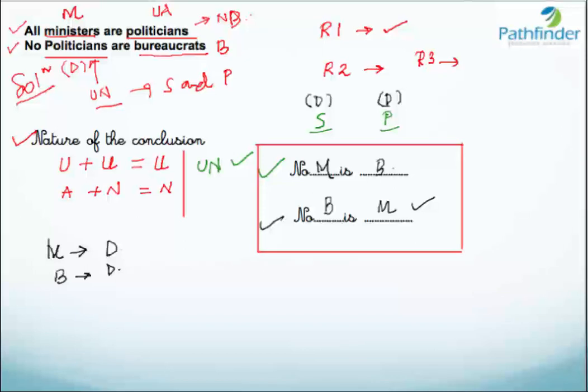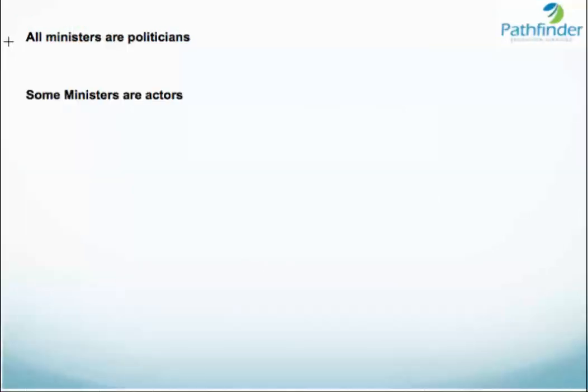So let us solve one more question. We have the statement all ministers are politicians, and another statement some ministers are actors. And let us solve now. Taking a look at the subject and the property. So ministers is the subject, politicians is the property. This is a universal affirmative statement.